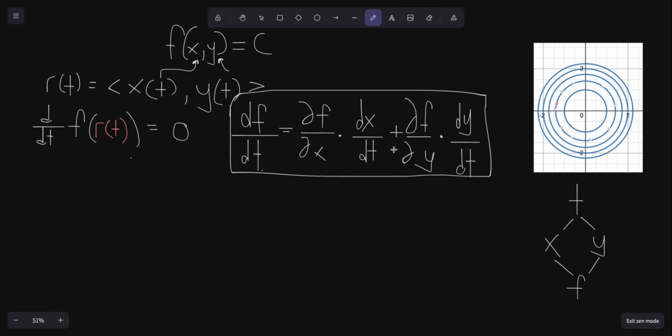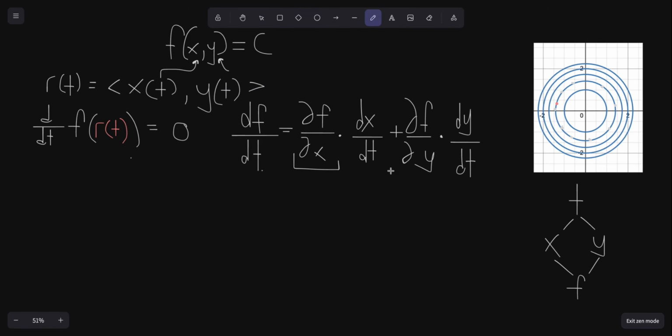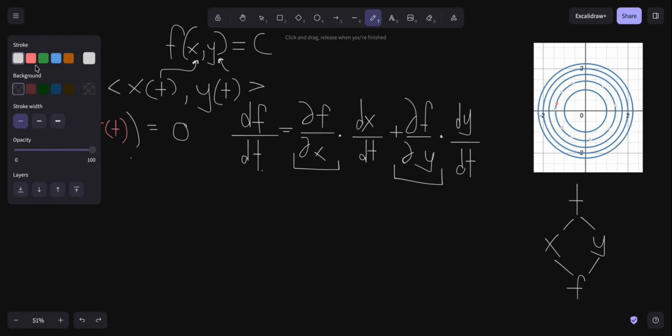Okay, we're actually going to see an application of how this can be useful, all right? But that's after this proof, which is going to end surprisingly shortly. Because notice how you have these components multiplied by these components. And we can express this as a dot product, right?